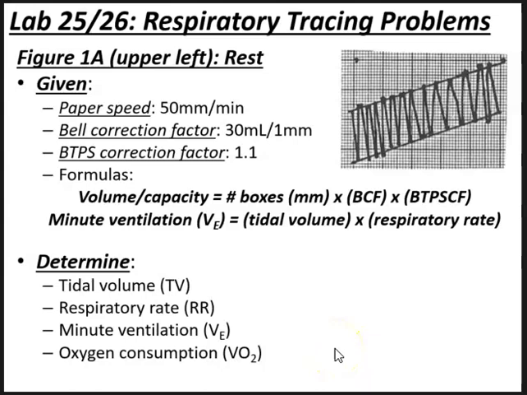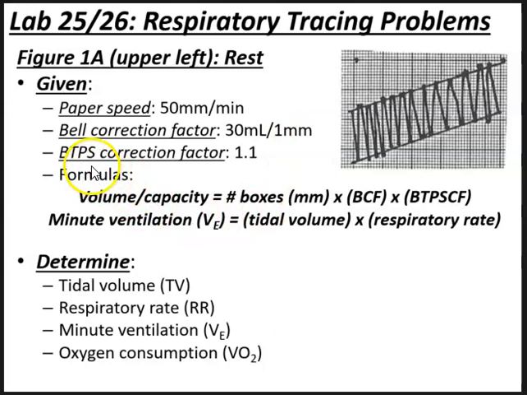So the first tracing that we're going to look at is the tracing at rest. Again, this is on page 146 of your supplement, the upper left tracing. We are given the paper speed. The kymograph paper speed will be 50 millimeters per minute. We have our Bell correction factor at 30 milliliters per 1 millimeter.